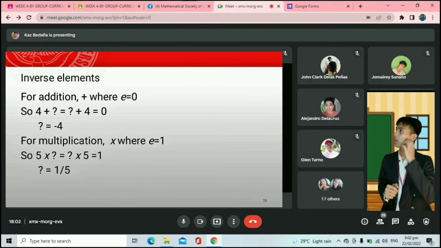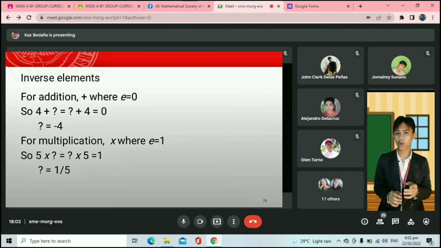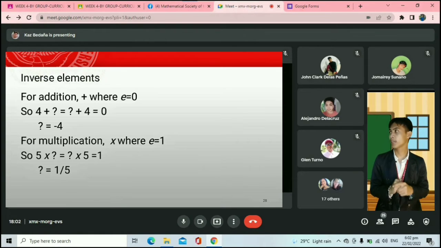For example, 4 plus what is the inverse element that will result to 0? So, we have negative 4. Because if we add 4 plus negative 4, the result will be the identity element, which is 0. So 4 plus negative 4 is equal to 0.